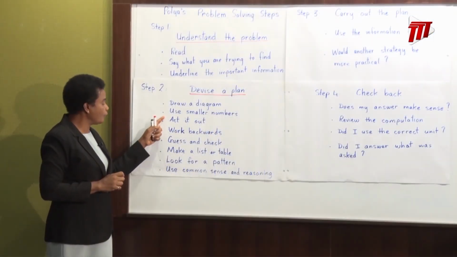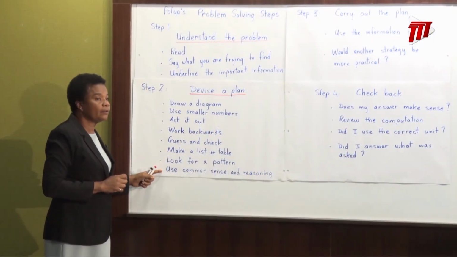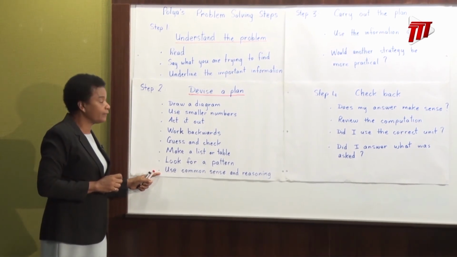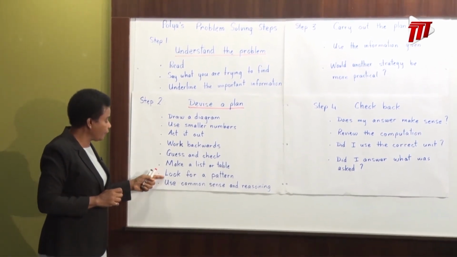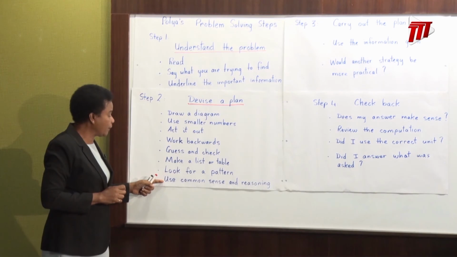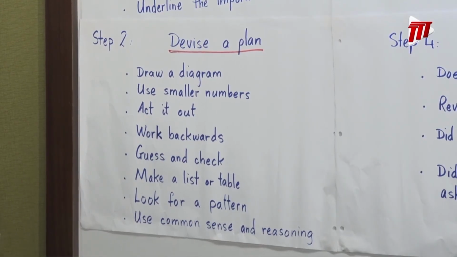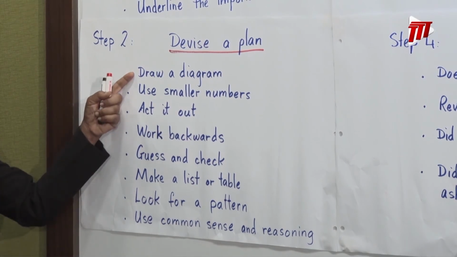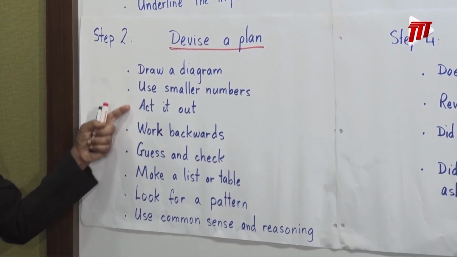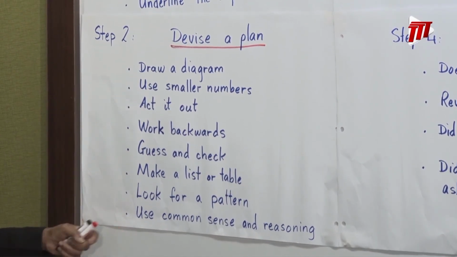I'm sure you have already been using all or some of these in your classes, but these are just some others that you can probably have a look at with some other questions. Remembering that a question may be solved using one or more of these strategies.